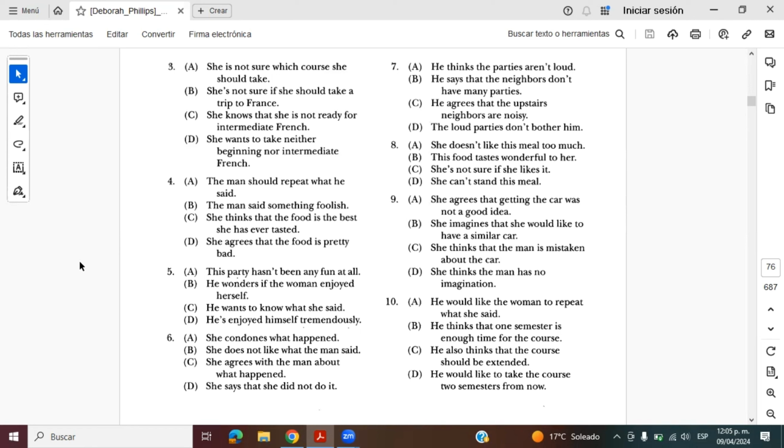Number 6. I'm not about to condone what she did. I'm not either. What does the woman mean? Number 7. Those people upstairs always have such loud parties.